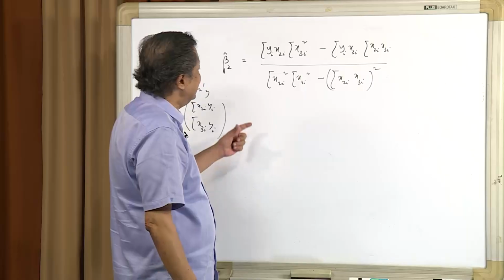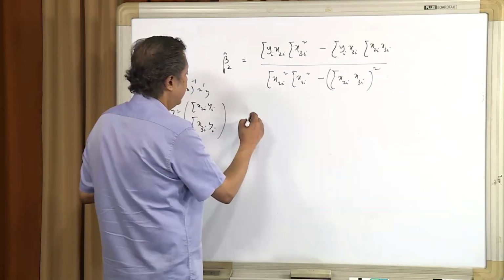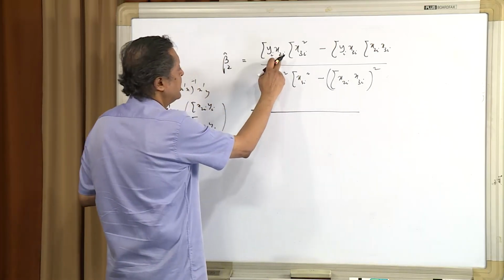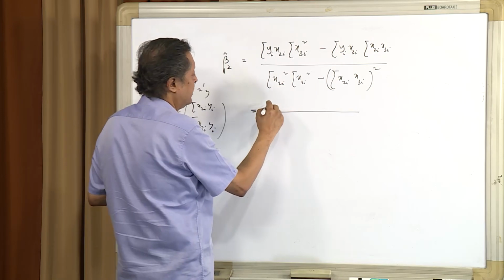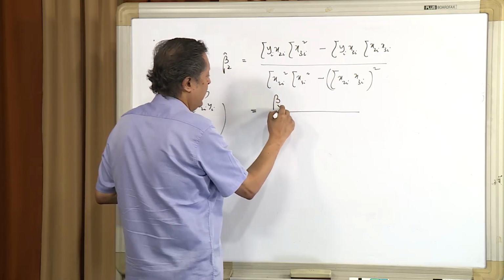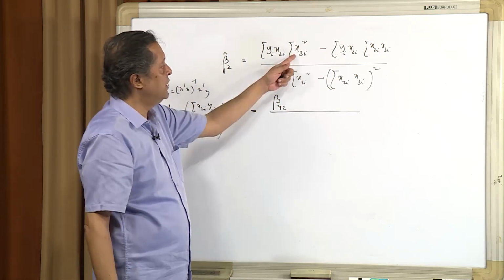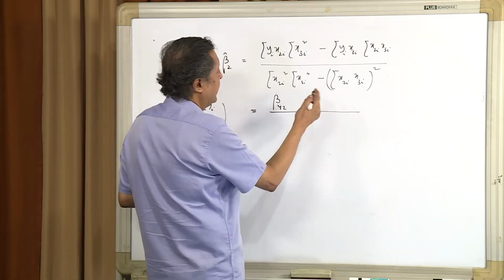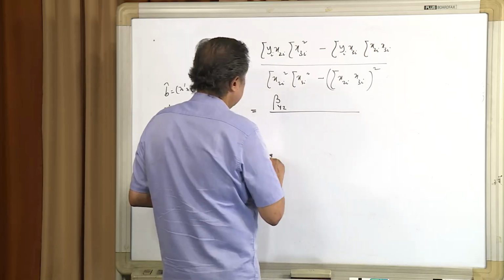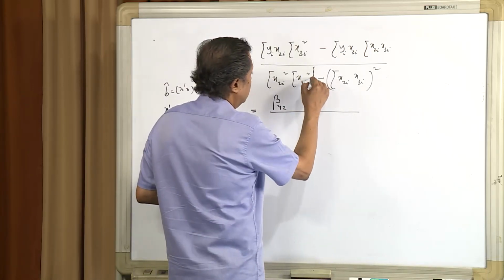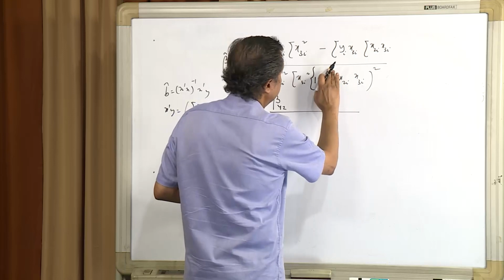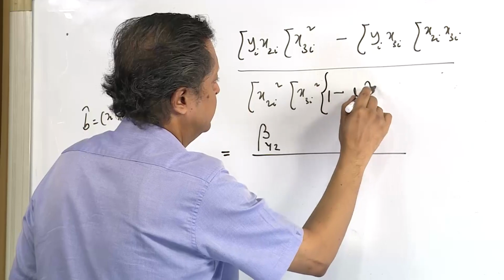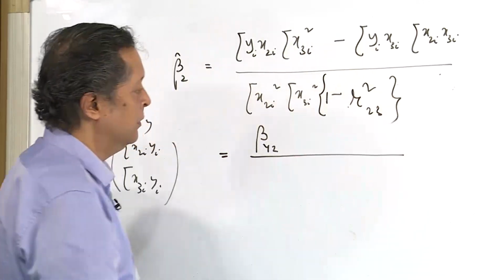Now, this can also be written as, you see summation yx2 divide by summation x2 square is nothing but beta y on x2, x3 gets cancelled, and this denominator, of course, we can take and write as 1 minus r square, take it common.